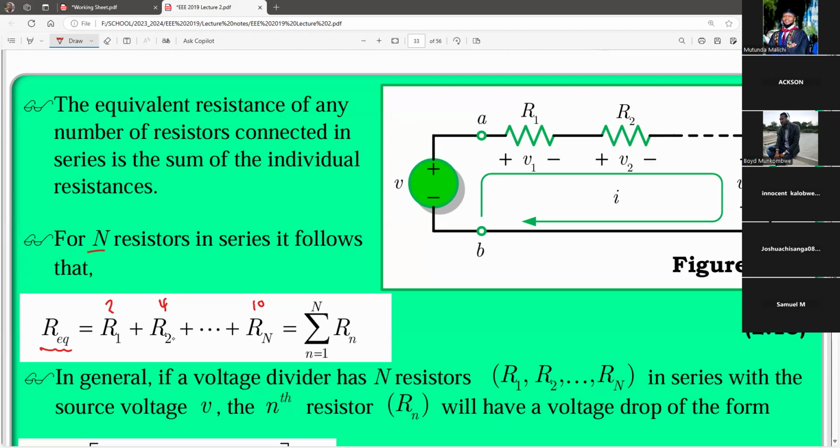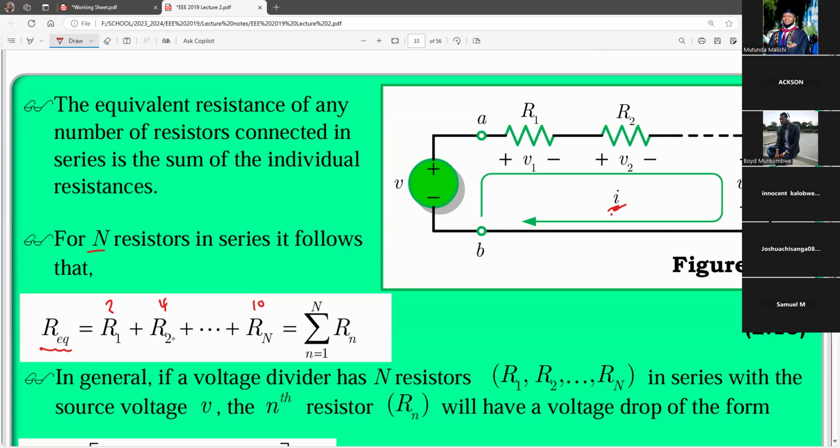In general, if you are to find the voltage across the nth resistor, we use the voltage divider rule. If we use the voltage divider rule, there is no need of determining the current flowing through those resistors.